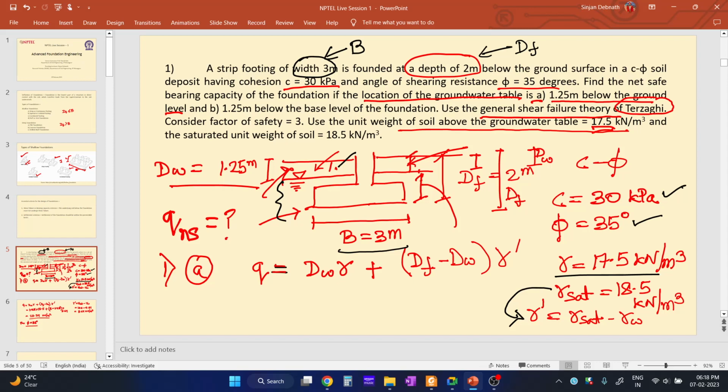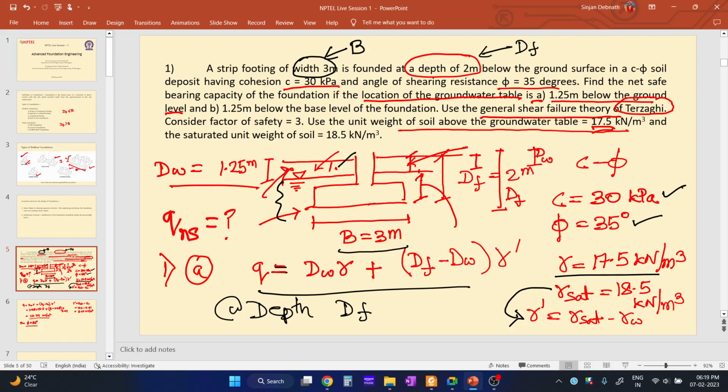So the effective surcharge at depth Df. What will be the surcharge at depth Df?